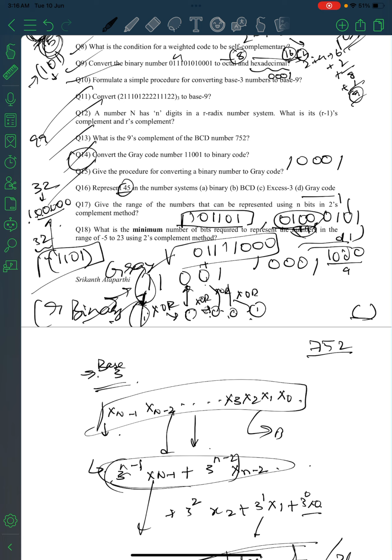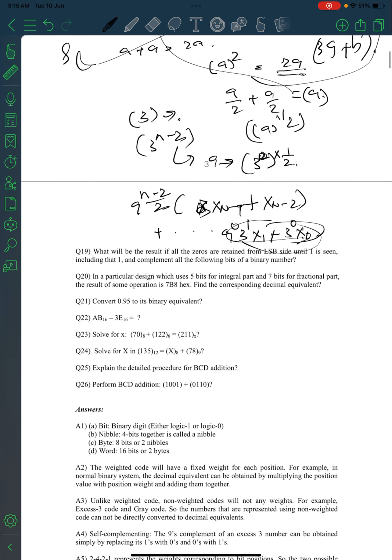Now for Gray code from binary, we use the same procedure. We take the binary value, 101101. The first 1 remains the same.